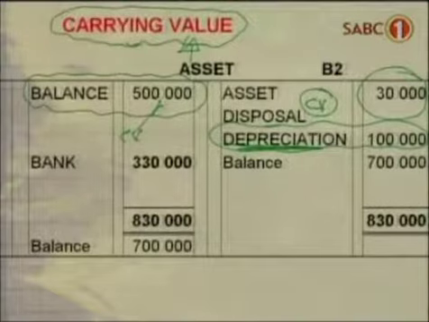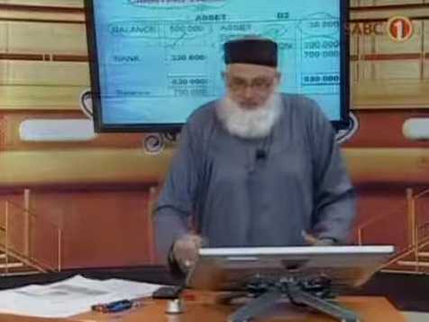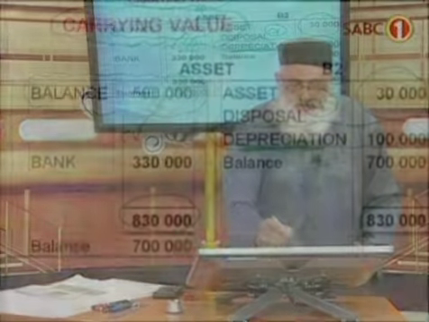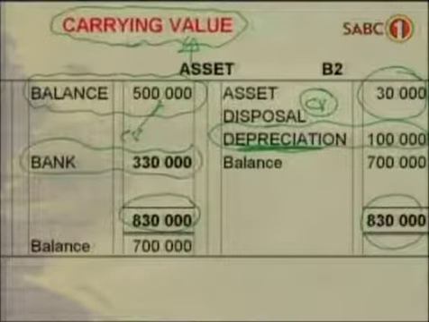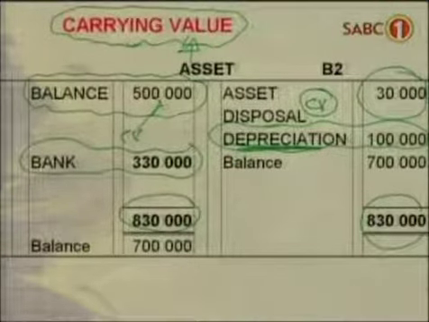What do you then do? You balance the account in the normal way, 830,000, add the 830,000, and immediately you find your missing figure, 330,000. What is that figure? The value of my tangible assets that have been purchased. And what else do I need? I also need to know what was the proceeds of my disposal.